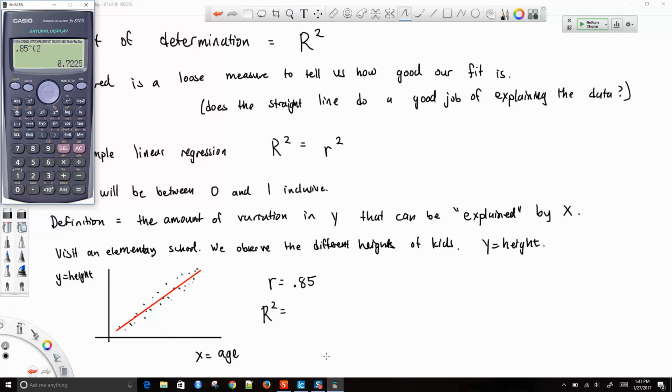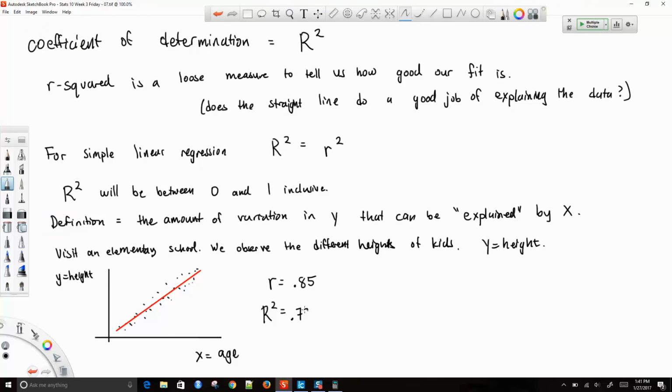Yeah, okay. 0.7225, right? So here, my r squared says 72% of the variation in height can be explained by age. 72.25% of the variation in height can be explained by age.